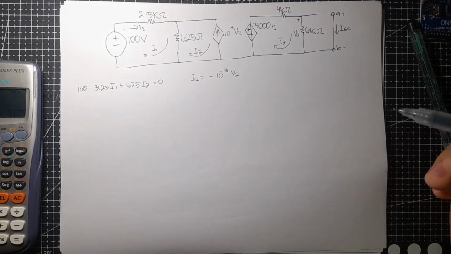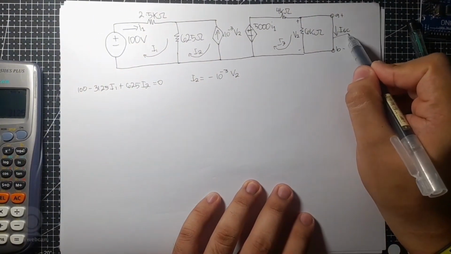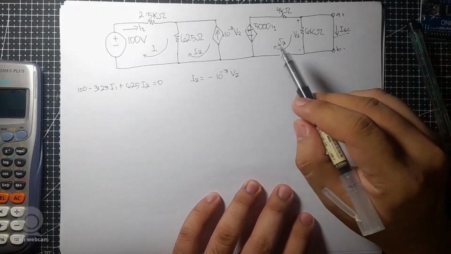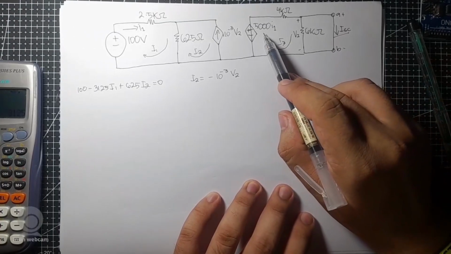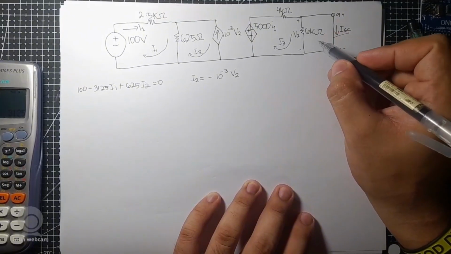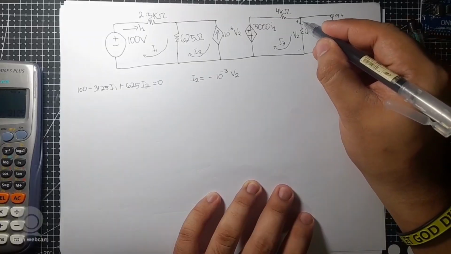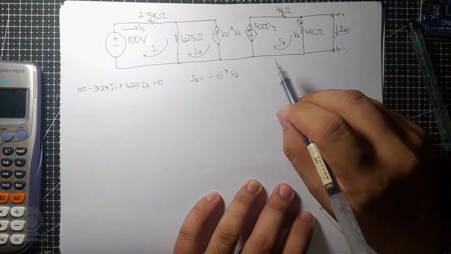Notice that we have a short circuit current here, so the current from the 5000 I1 source will not go to the 6K ohms. So there is no current there.